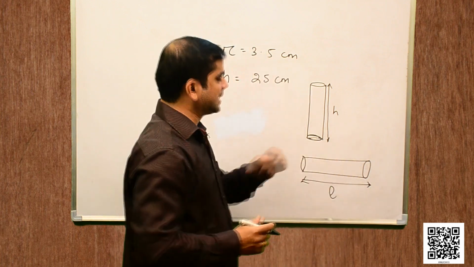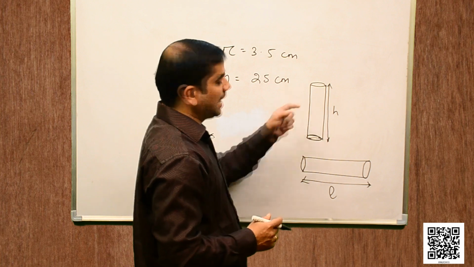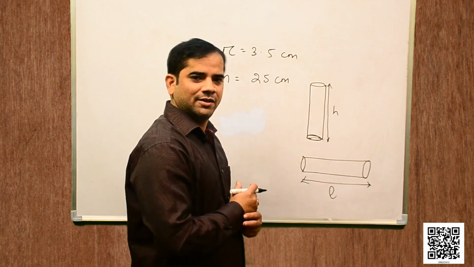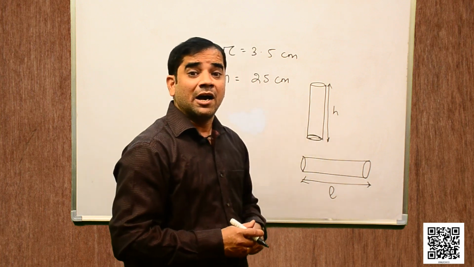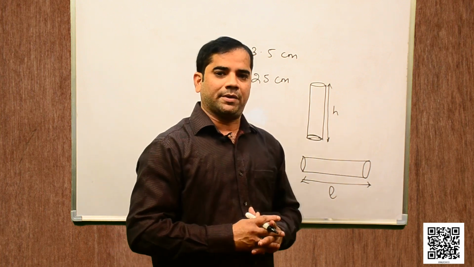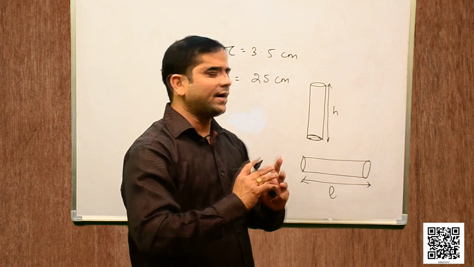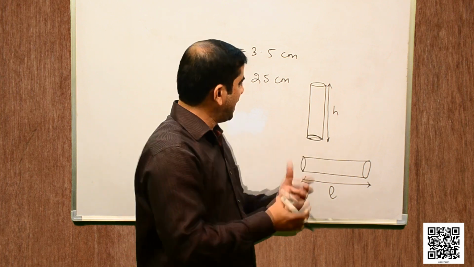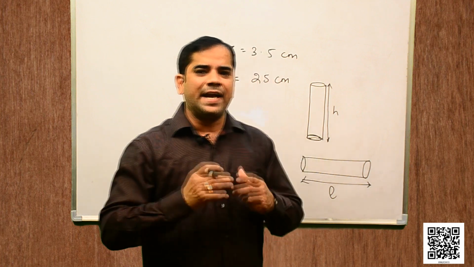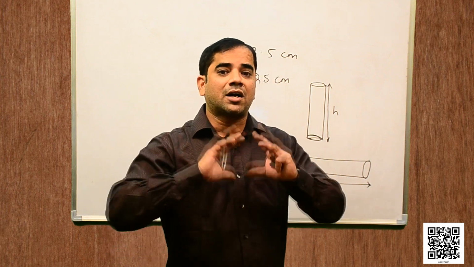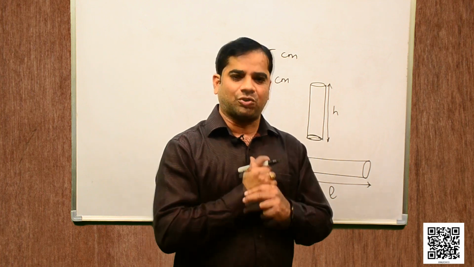So as length is given, we can take it as the height of the cylinder. Now the question demands the requirement of chart paper. Chart paper is rolled to make the cylindrical shape. Hence, we need to find out the curved surface area of the kaleidoscope.